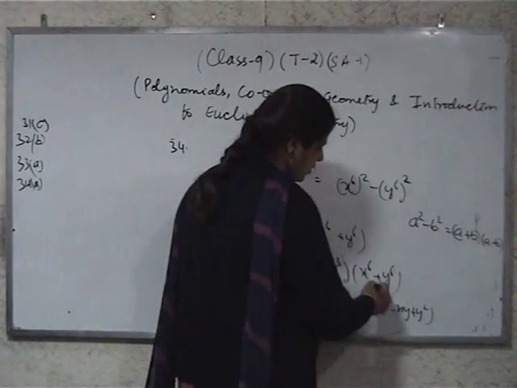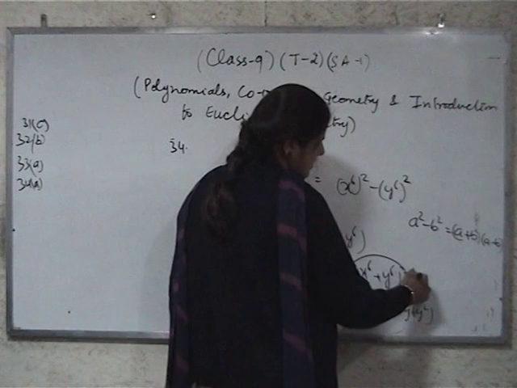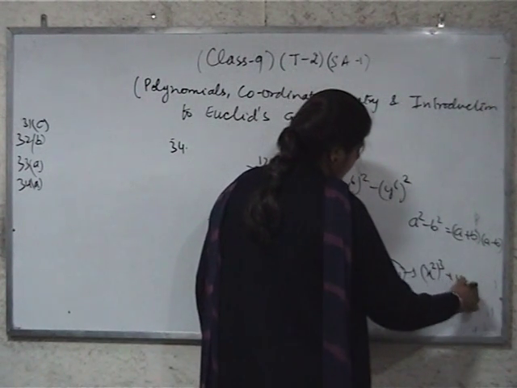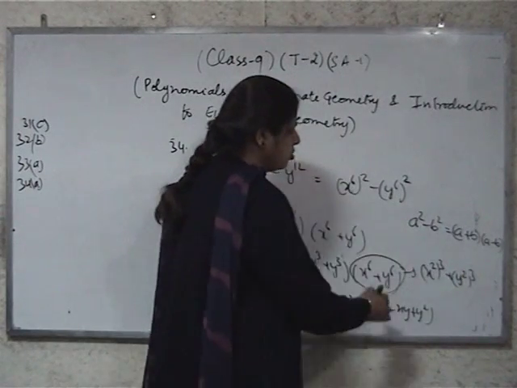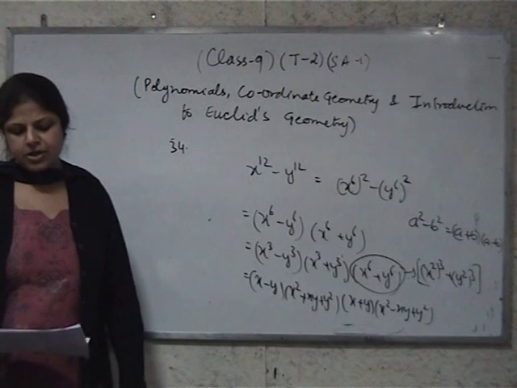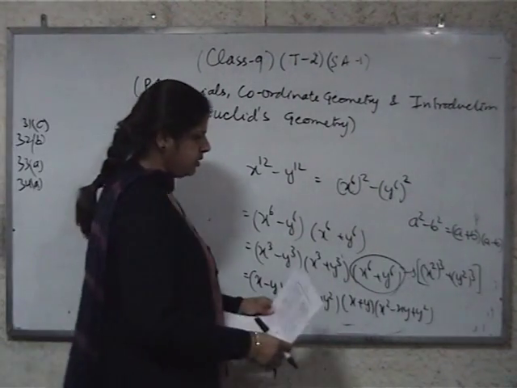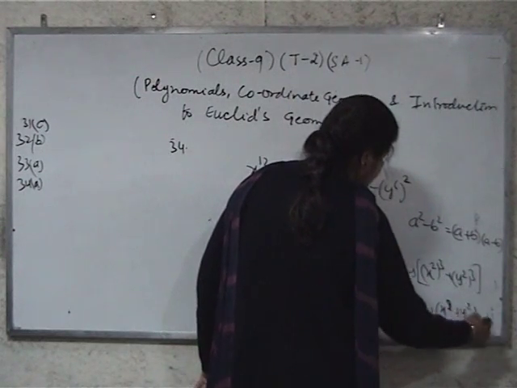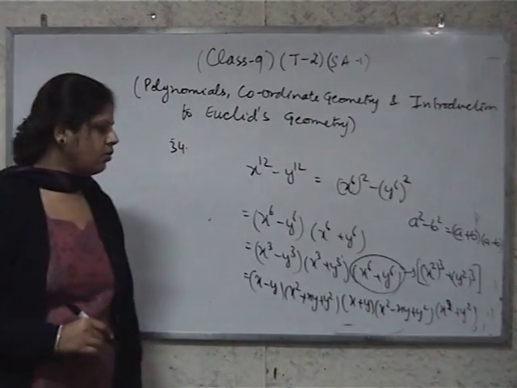So what do I do? I write it as (x square) cube minus (y square) cube, and again apply the formula of a cube minus b cube. So I get a minus b. Now a and b here are x square and y square.